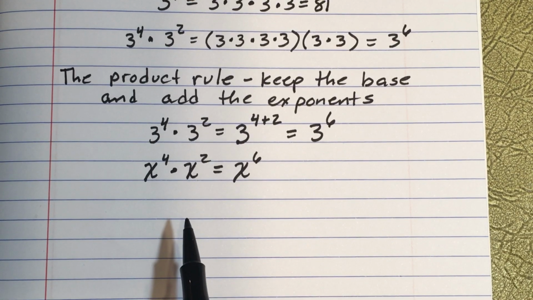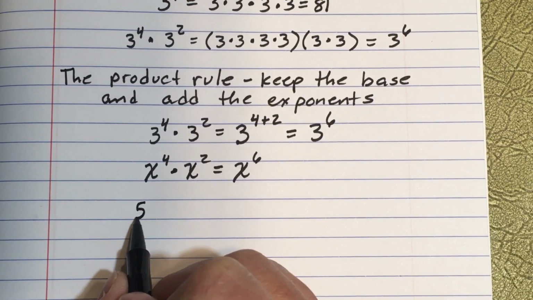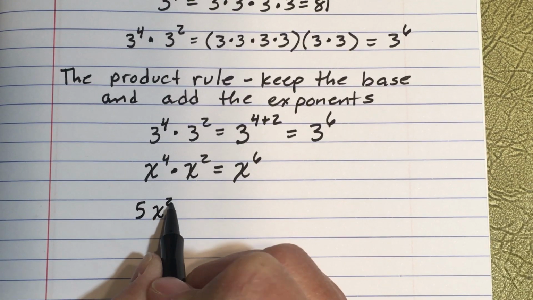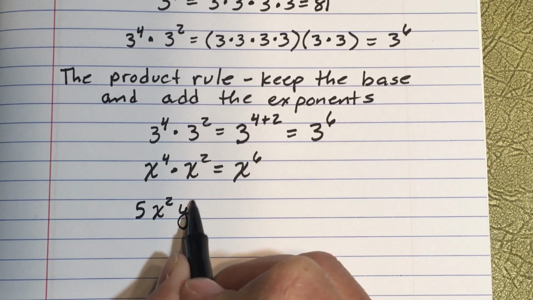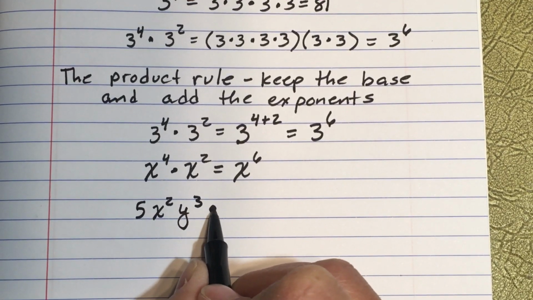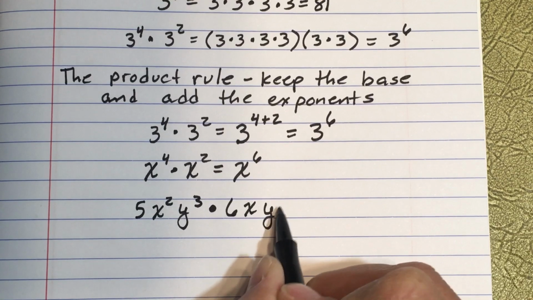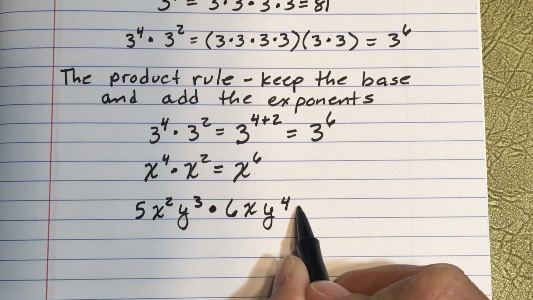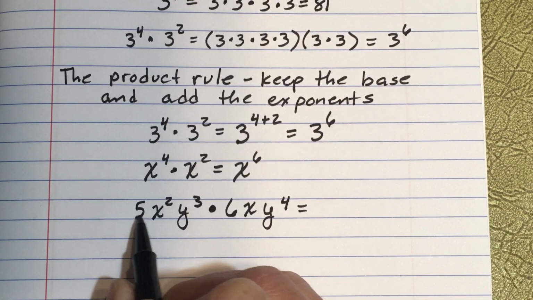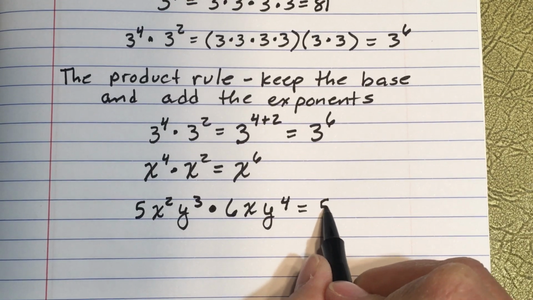So for example, if I have something really hard, like 5x squared y to the 3rd times 6x y to the 4th, I'm going to multiply the numbers, the 5 times the 6.